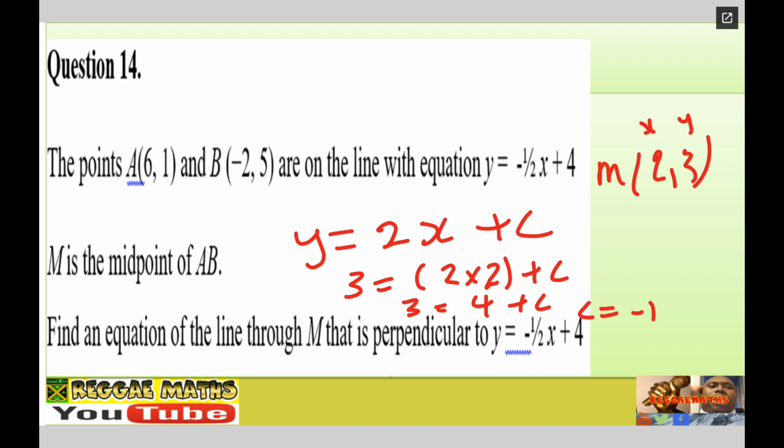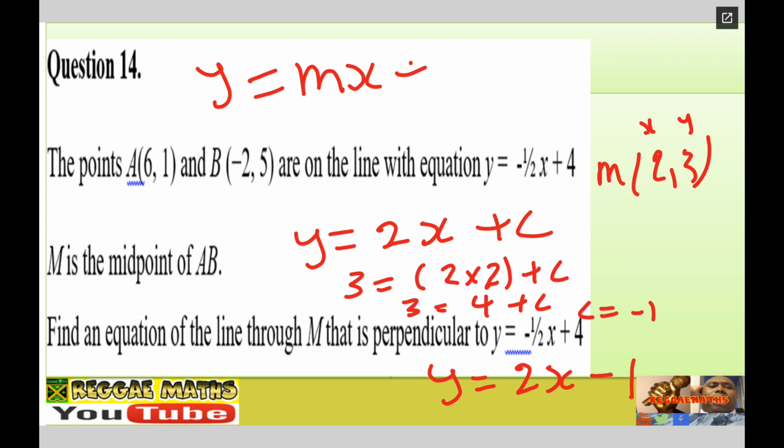So the equation is y equals 2x minus 1. Because the equation of a straight line is y equals mx plus c.